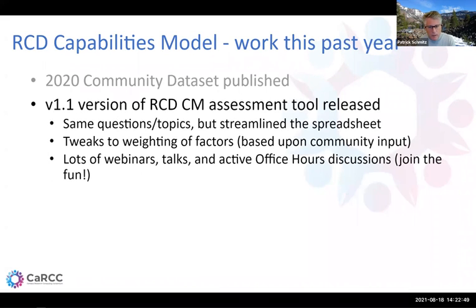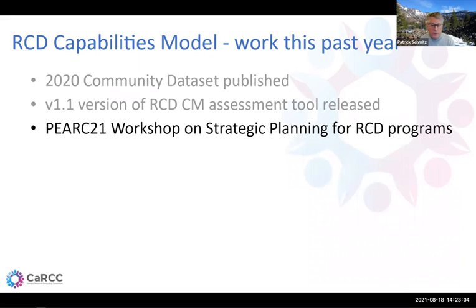This past winter, we released an update to the assessment tool that incorporated feedback from the community. And we're continuing our activity to support institutions who are using the capabilities model to assess their campus RCD programs. A few weeks ago, we had a full house at our PERC 21 workshop in which we were discussing approaches and good practices for strategic planning, leveraging assessment data from the capabilities model.